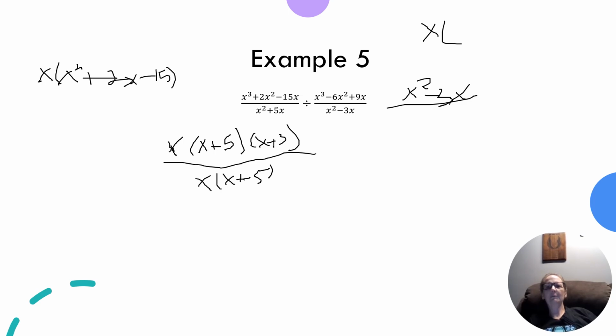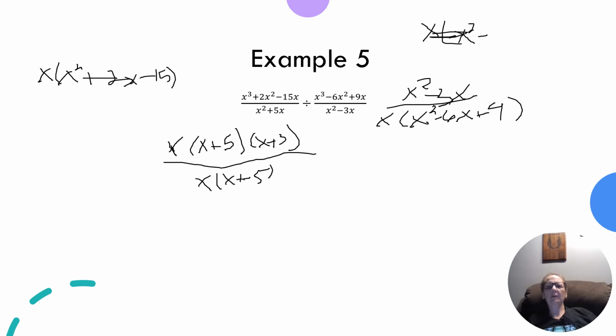That's now going to be the bottom, so it's x times x squared minus 6x plus 9. And now we're ready to factor that.